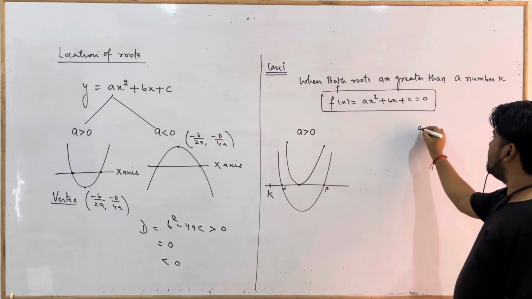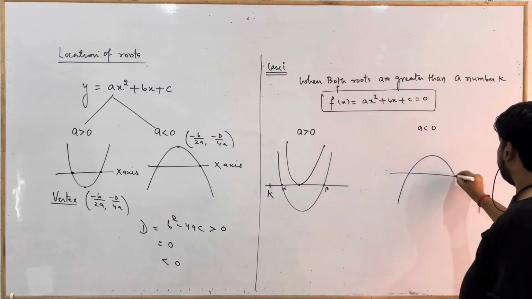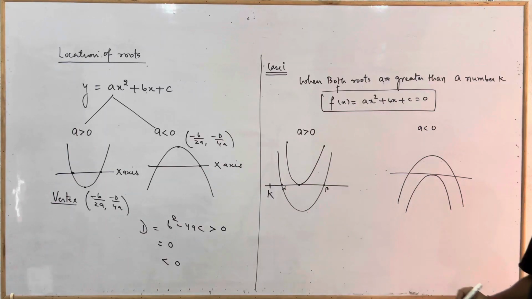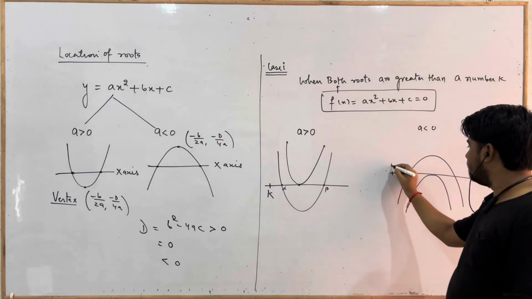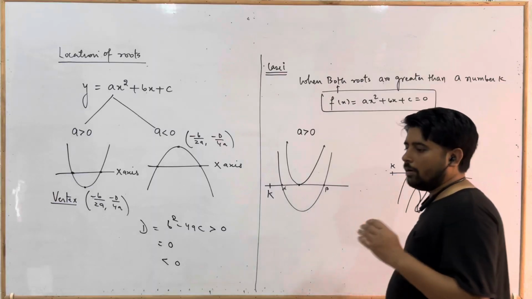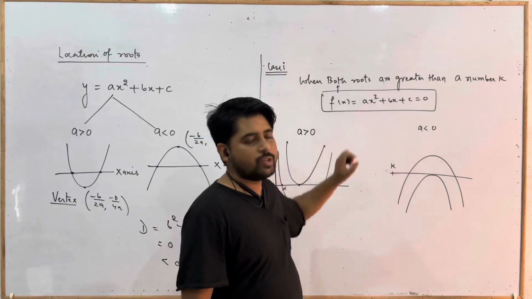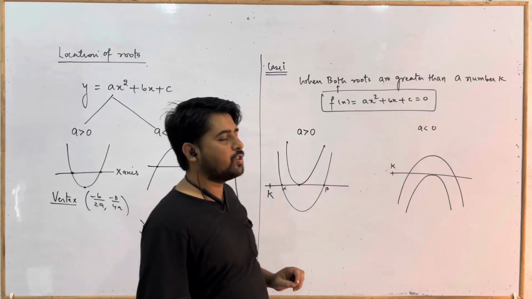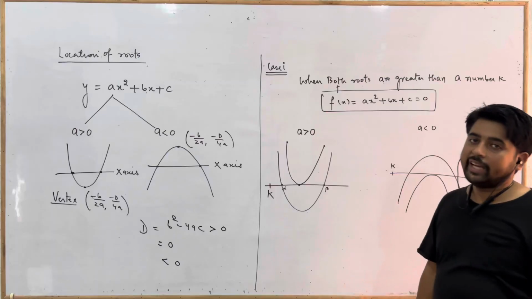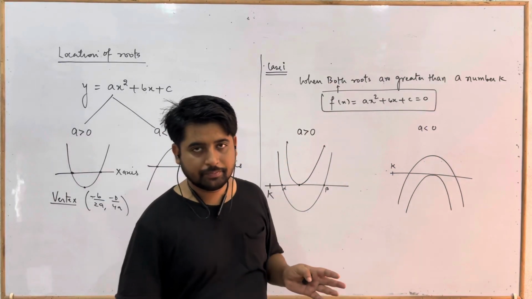For a less than 0, what can be there? The graph will look like this way, or the graph will look like this way, and this is the number k. Now look here. For our convenience, I am making a positive. If in the question a is positive, it's okay. But if a is negative, by multiplying both sides with a minus sign, I can make a positive.